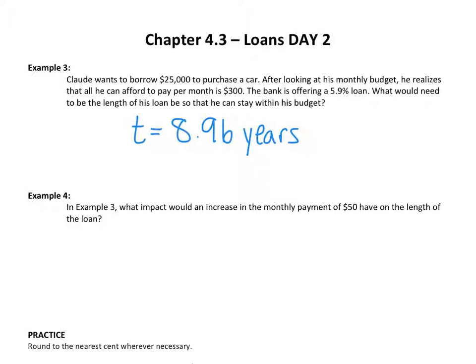But if you could afford just $50 more per month, so $350 a month, you're going to see by paying more per month, you're going to pay it off considerably faster. So go back to Desmos and change 300 to 350 to see the difference in the length of the loan. Go ahead and pause the video, plug in 350, see what you get.